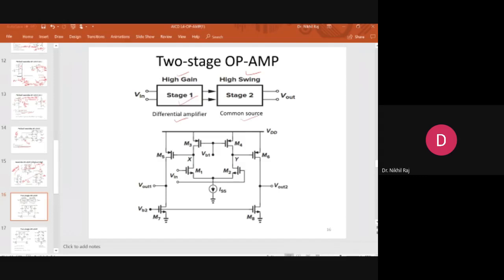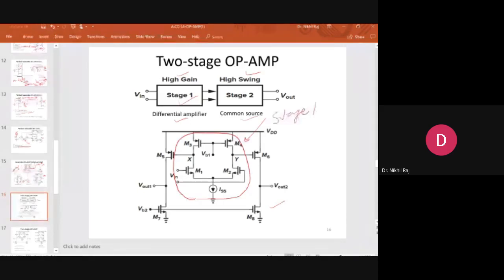So basically in all two stage op amps, the first stage is a differential amplifier and the second stage is a common source amplifier. You can see the example in this architecture. If you see where stage one is, this part is your stage one.